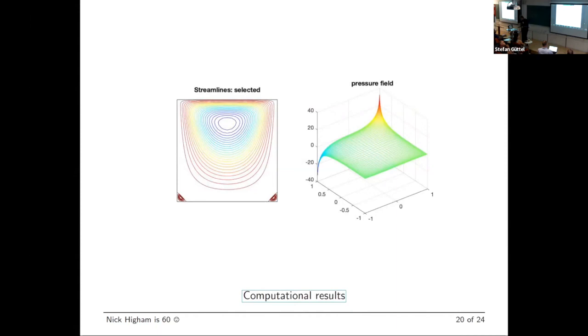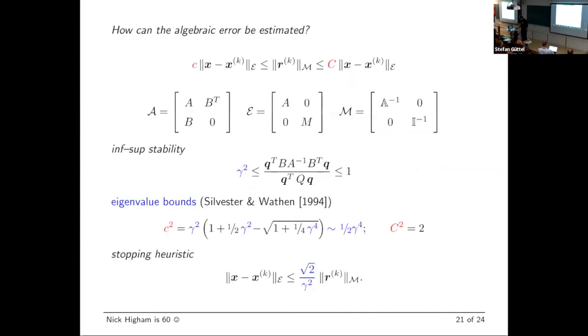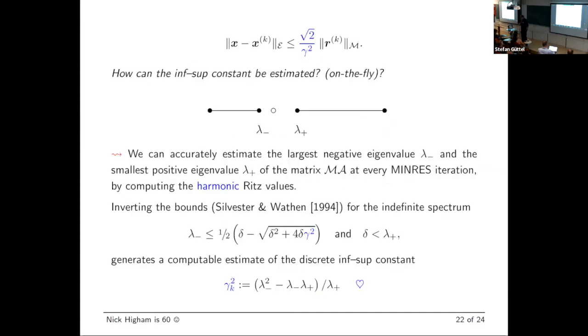Okay. I'm running out of time. In fact, I've run out of time. So I'll give you the details offline. You can run this experiment. It's built into IFISS. And what happens is you estimate the inf-sup constant on the fly as you're going, using properties of MINRES. You work with the harmonic Ritz values, which are computed on the inside of the Lanczos process.